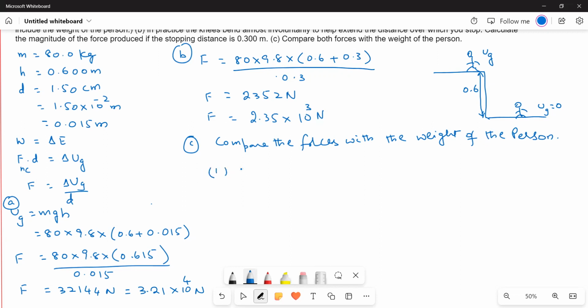The first one is 32144 divided by 80 times 9.8, approximately 800. So that gives 41. That means this force is 41 times his weight. And then the second one is 2352 divided by 80 times 9.8. That is approximately 3 times. Okay, that is the question he is asking us to find out.